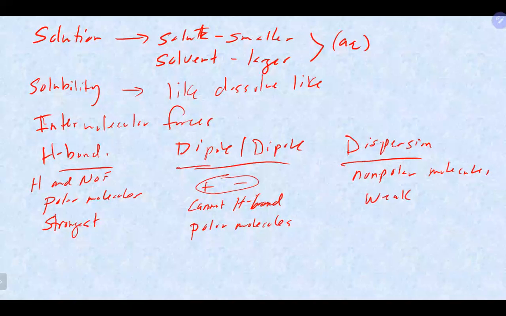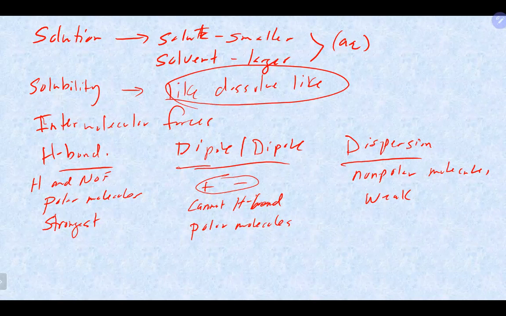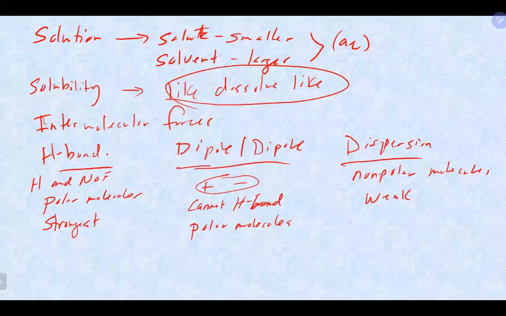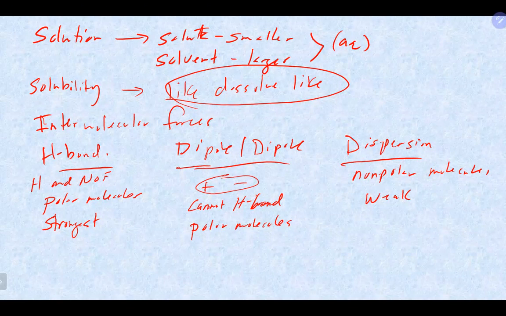What makes something soluble in another, as we talked about, is that if we have a molecule that's able to hydrogen bond with itself, and it comes across another molecule that also has the ability to hydrogen bond, that will allow them to interact well with each other. They both will be using their main way of interacting, and they typically will be soluble with each other.